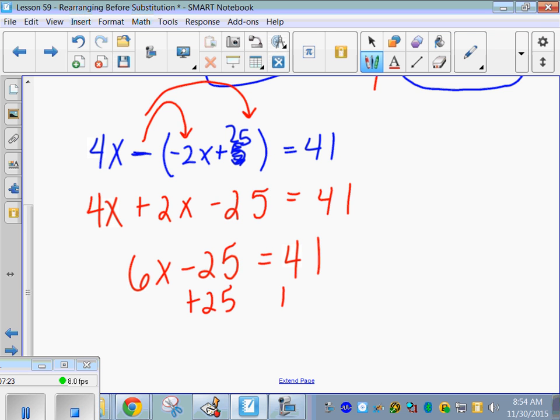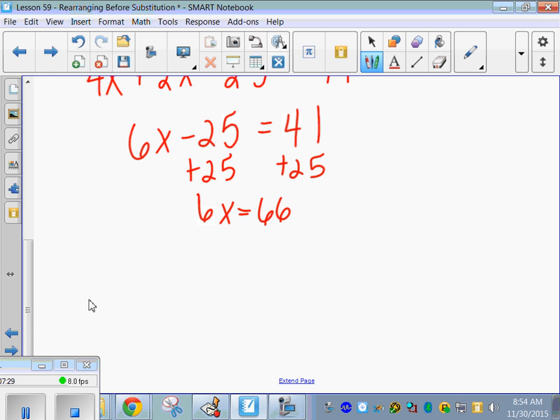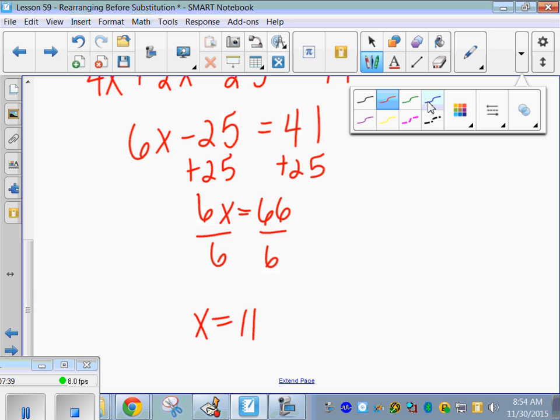Very good. So 6x equals 66. Nick, what's the next step? Good. Divide by 6. So x equals 11. Nice. Okay, and Andrew, what do I do next after I get my x?